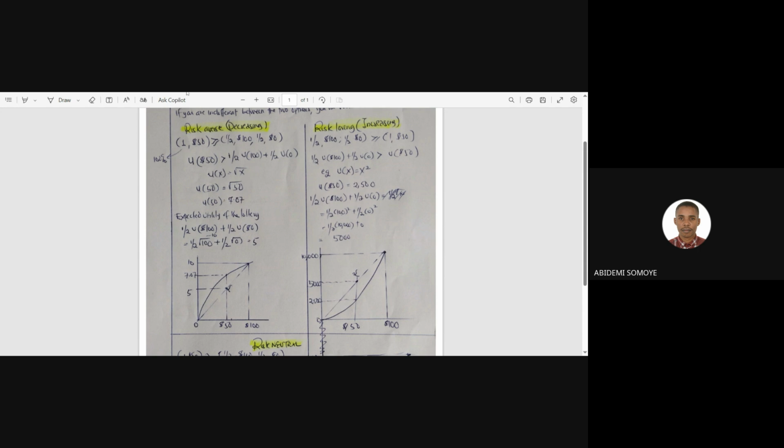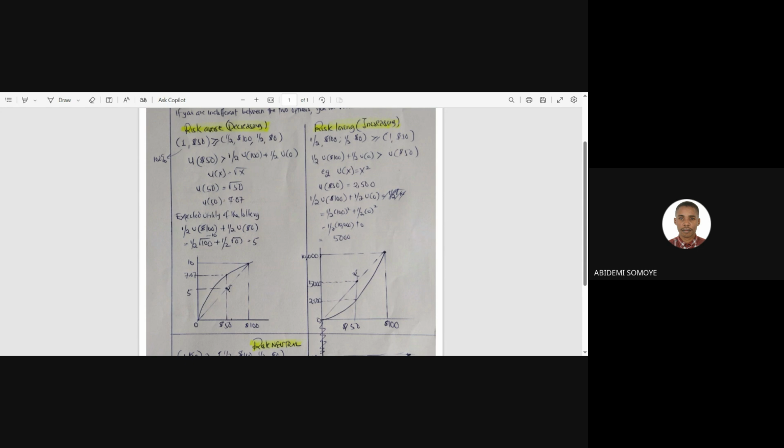Let me go to the chart. Remember u of x. There's no square root symbol here, but let me just write square root of x.